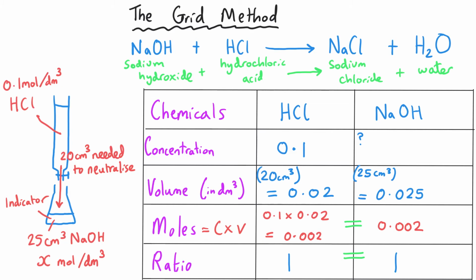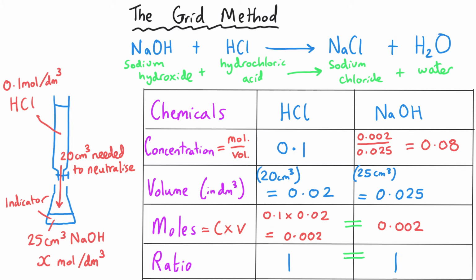as well. Then our final gap and our ultimate goal is to work out the concentration of sodium hydroxide. Since concentration is moles divided by volume, we're going to do 0.002 divided by 0.025, which is going to give us 0.08 moles per cubic decimeter as our final answer. We can always do ourselves a little reasonableness check.